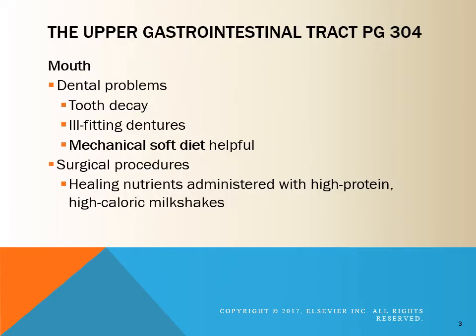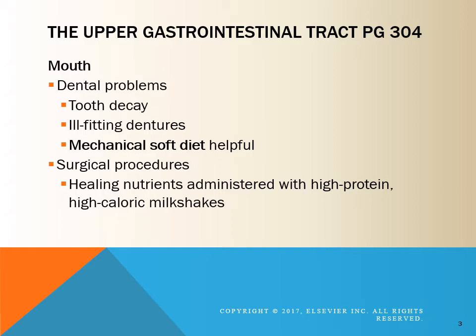The upper gastrointestinal tract. So we start with the mouth. So patients may have dental problems like tooth decay, ill-fitting dentures. Dentures are huge. We want to make sure our patients have their dentures. A lot of times they can face dentures that don't fit well, and this affects their eating.